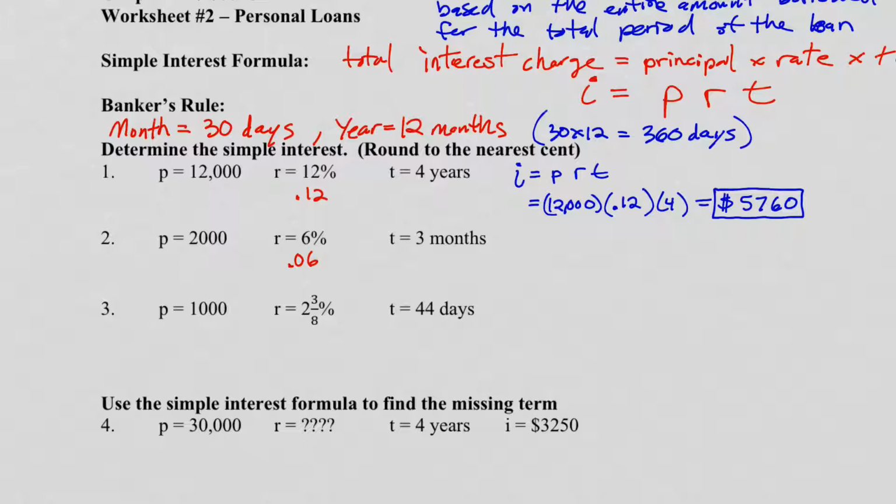Well, this is talking about 3 months out of 12 months in a year. Okay, so 3 out of 12 months. That's what we need to write down for our time, not just 3. Okay, because this is per year.